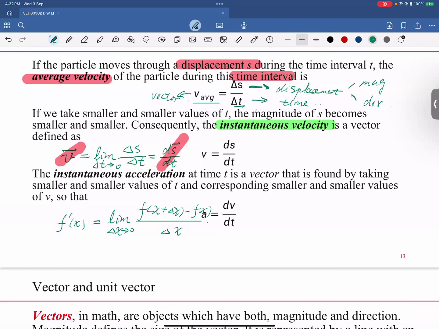This is the definition. And f prime, you can also write it as df over dt. Same thing, it's equivalent. Because when delta t, or the independent variable, goes to 0, such a limit is equal to f prime of x.